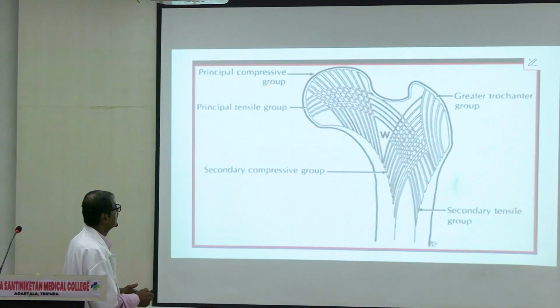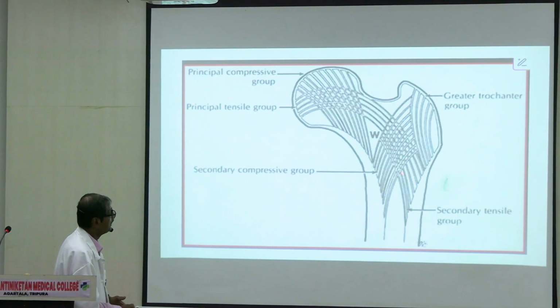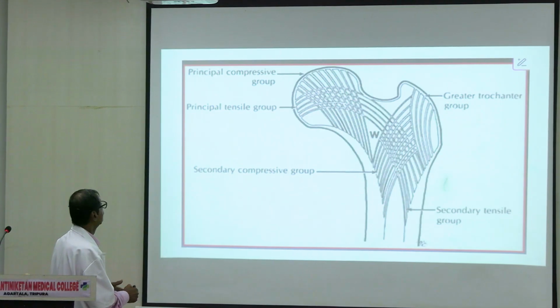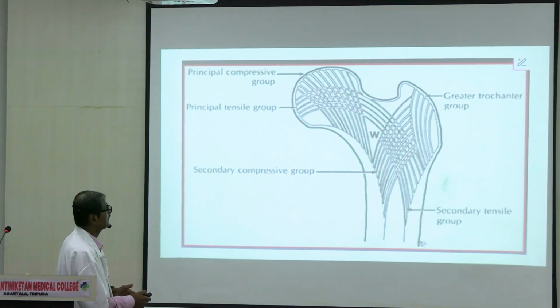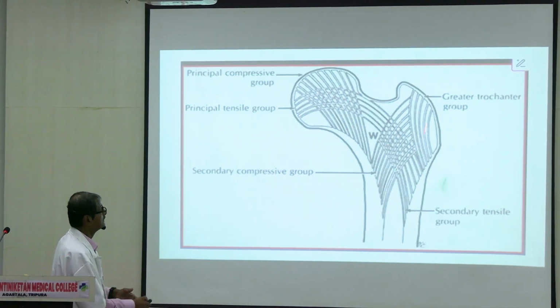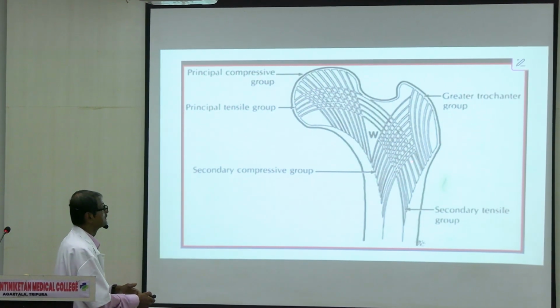The principal tensile group comes from the greater trochanter towards the head. Second, the secondary compressive group goes from this one to this side, and the secondary tensile group from this side to this side.